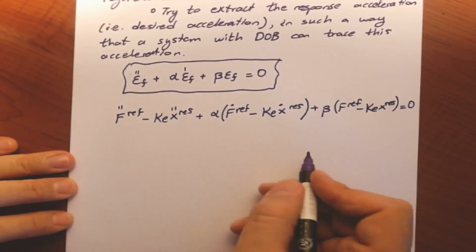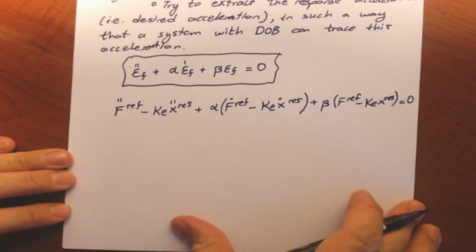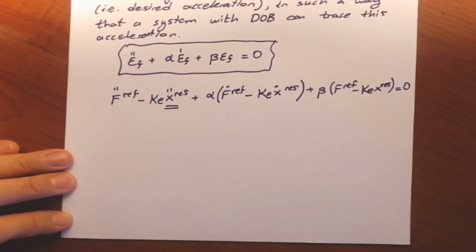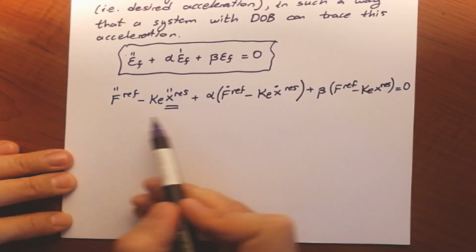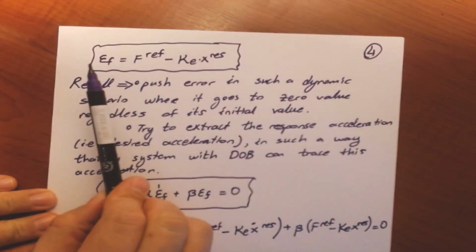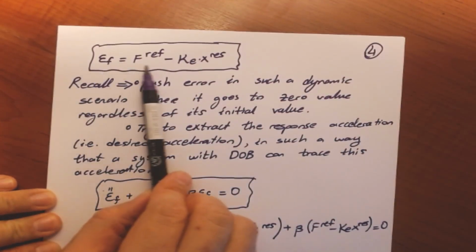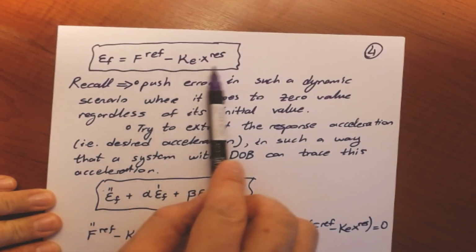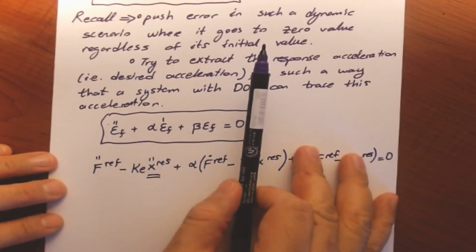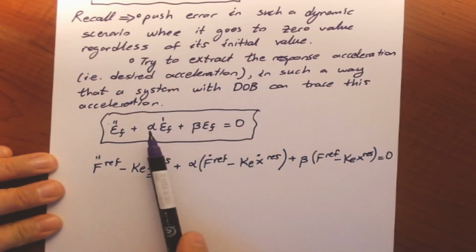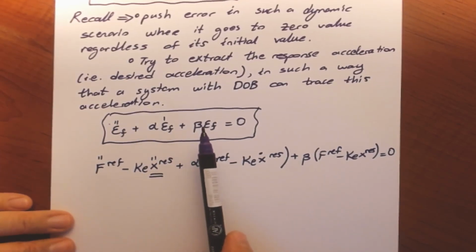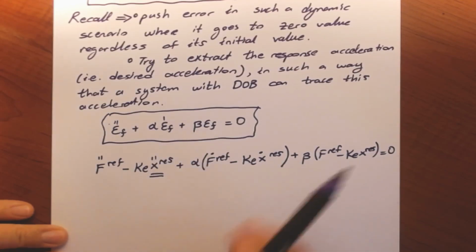So in this scenario, it's not so difficult to extract the desired acceleration from the response acceleration. What this equation tells me is that, assuming my force tracking error is the reference force minus the environment's force model, and assuming second order dynamics where we have two parameters, alpha and beta, we already analyzed them, but I'll make a recap of this here in this video.